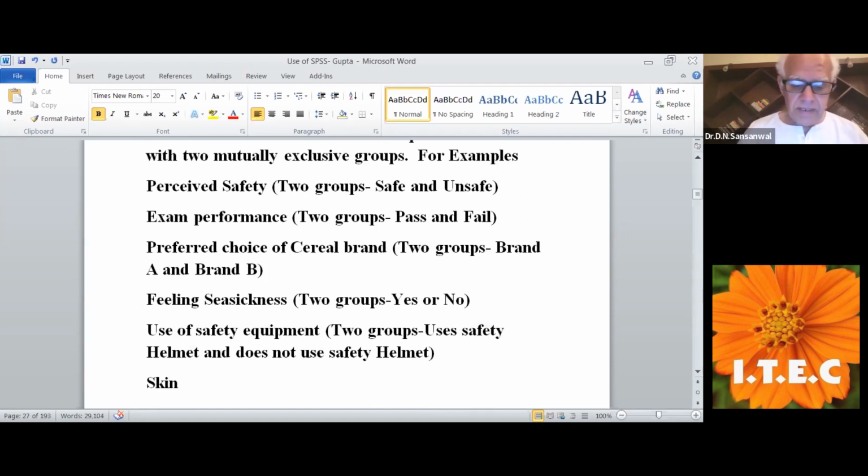Another can be skin cream effectiveness. The two groups are rash and no rash.